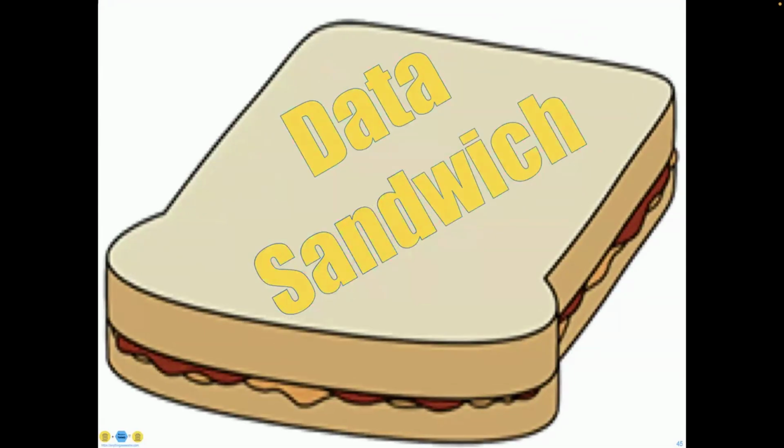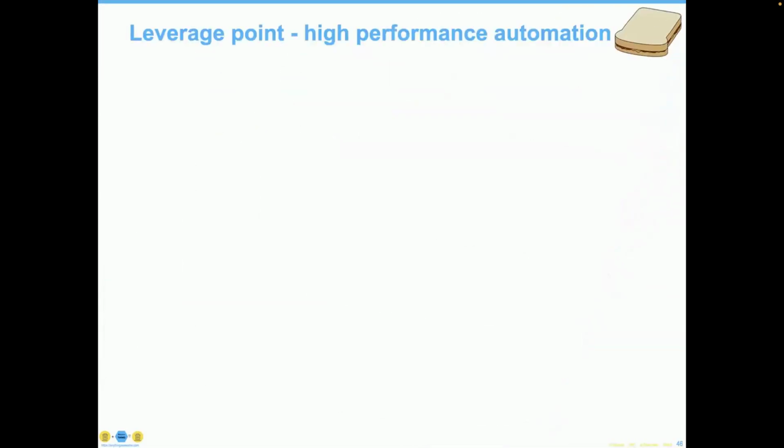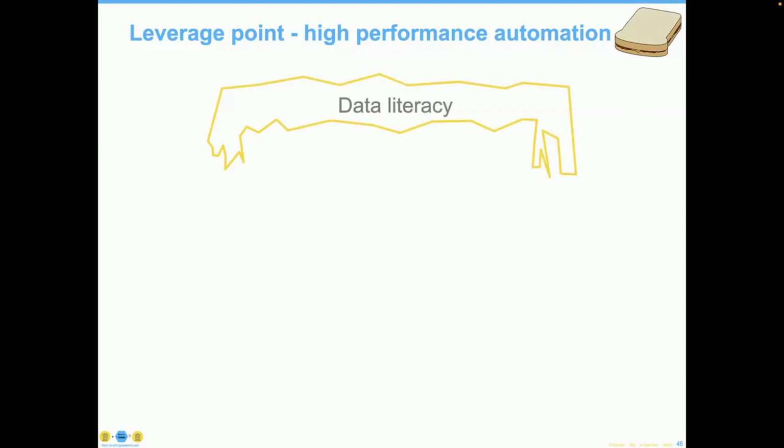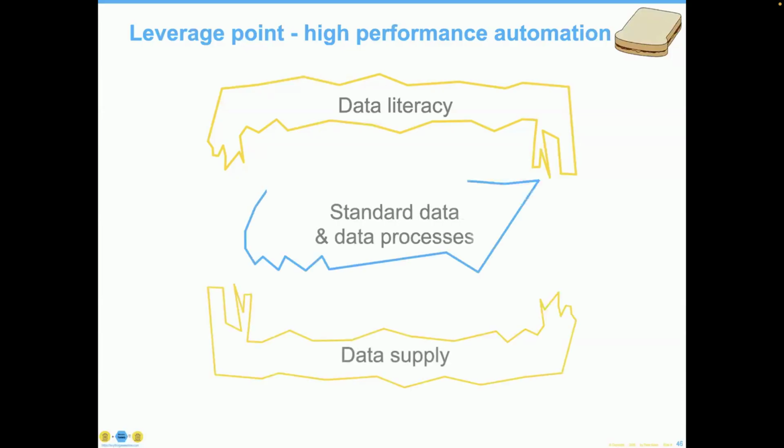I'll stop with the puns, but talk about something that I've called for a long time, a data sandwich that's necessary, because in all of your organizations, you are dependent on high performance automation. Usually this involves three components that are not managed well: data literacy of the people that are interacting with the data and the people that are processing the data, the data supply itself, and the data standards and data processes that are employed in this.